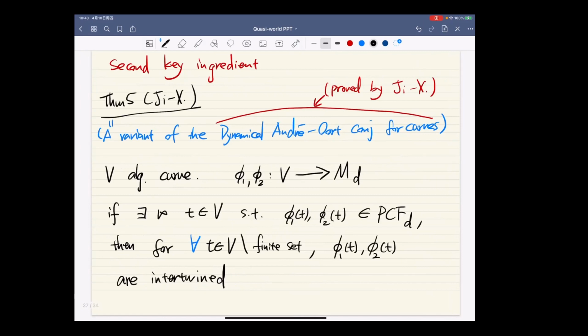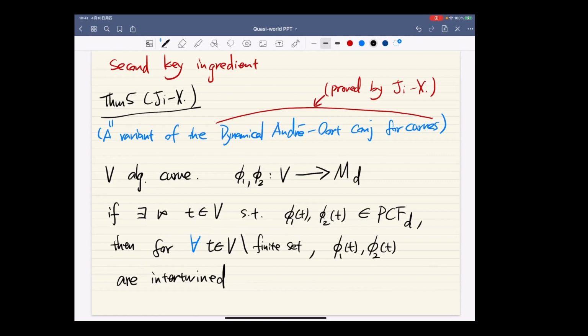Okay, so the second key ingredient is the following result of Ji and me. This theorem is in fact a variant of the dynamical André-Oort conjecture for curves, which was also recently proved by Ji and me. The statement is as follows. Let V be an algebraic curve, and let phi1, phi2 be two morphisms from V to the moduli space MD.